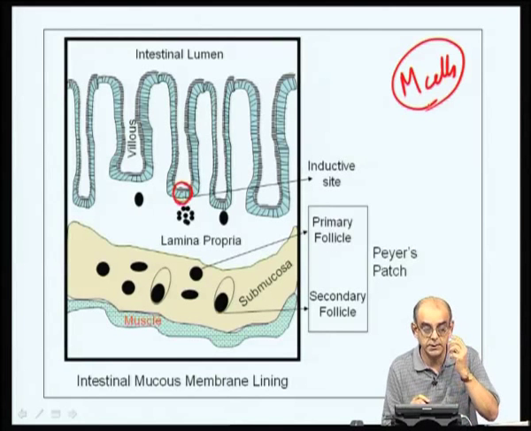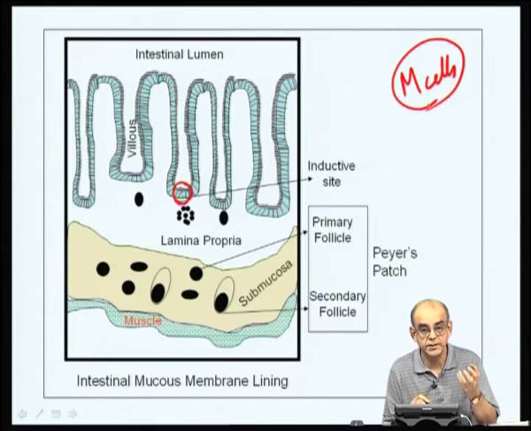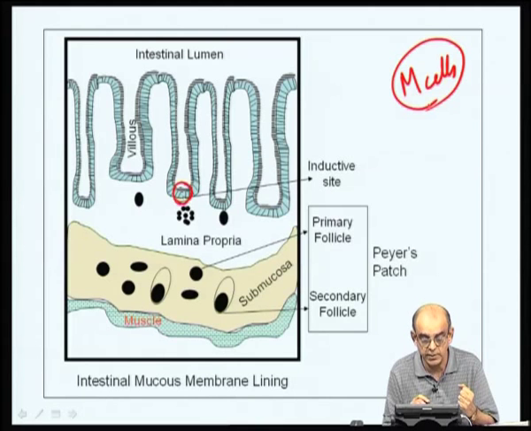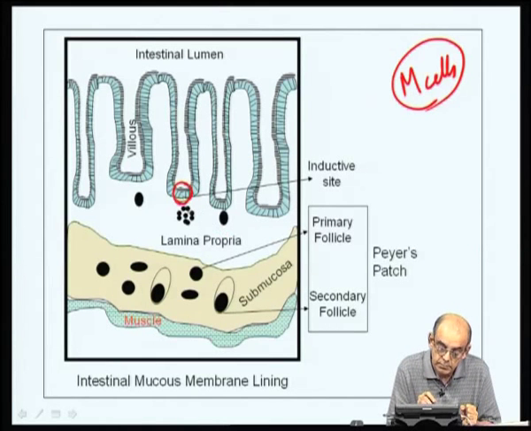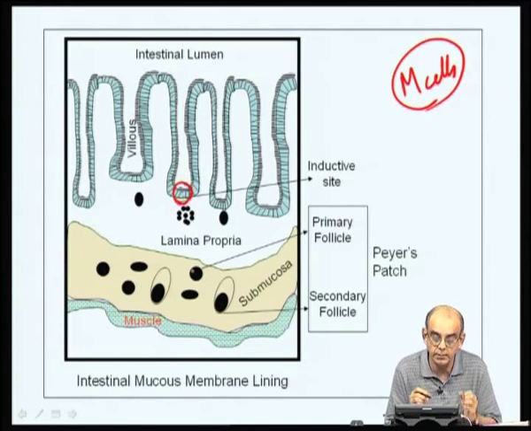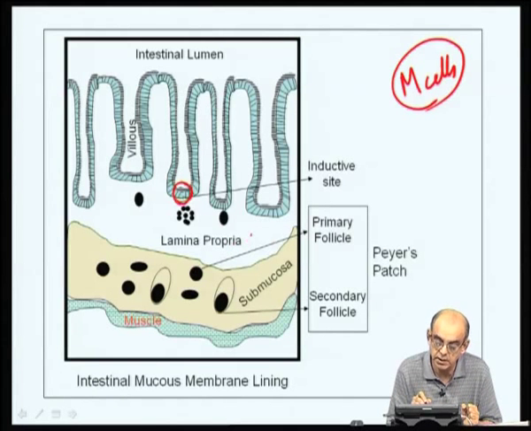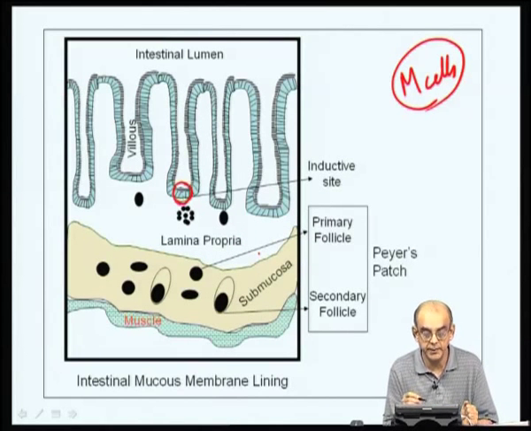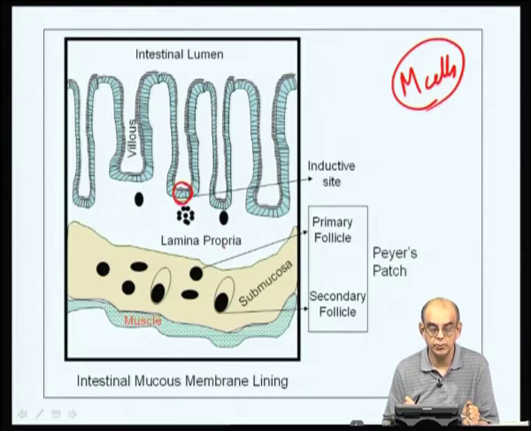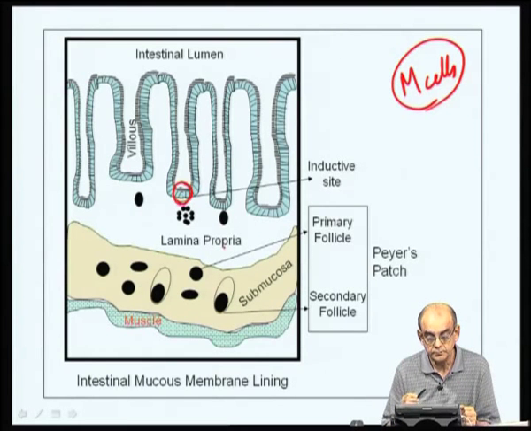The M cells, as I told you, are specialized cells which take in the antigen in a specialized way and expose it to these loosely organized lymphoid associations which are found in the lamina propria just underneath the mucosal membrane lining.